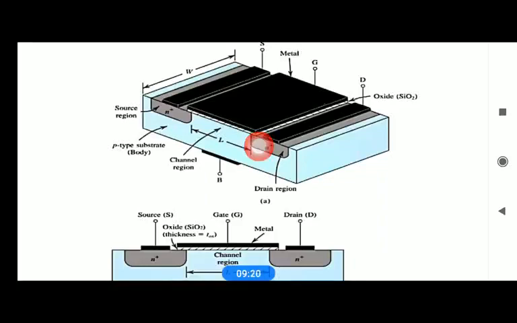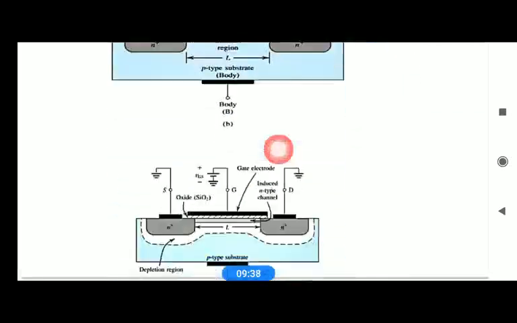So several capacitive effects will be present in a MOSFET. Those capacitive effects come into the picture only when you apply the input as a high frequency signal.